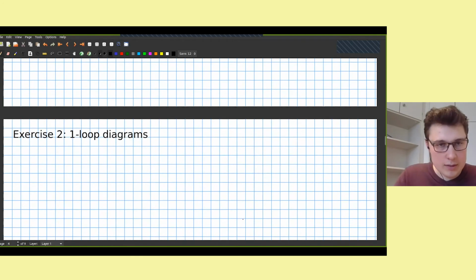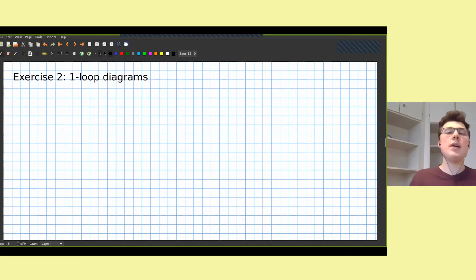So let's continue with the one loop diagrams. Most of the one loop diagrams were already given in the lecture, but I think it's a good idea to derive every one loop diagram as systematic as we can be.